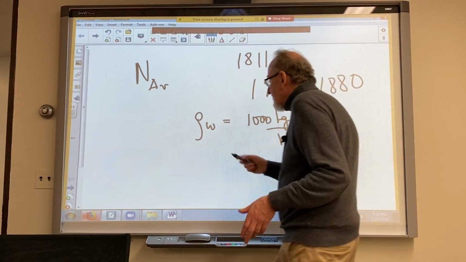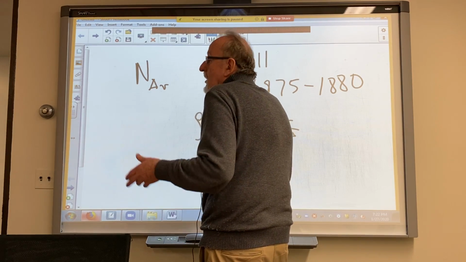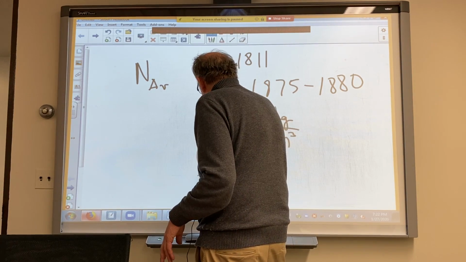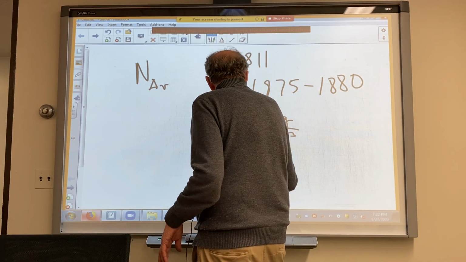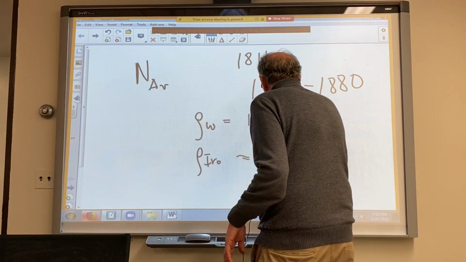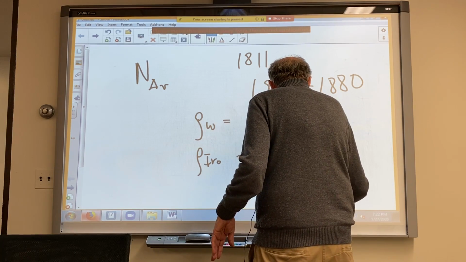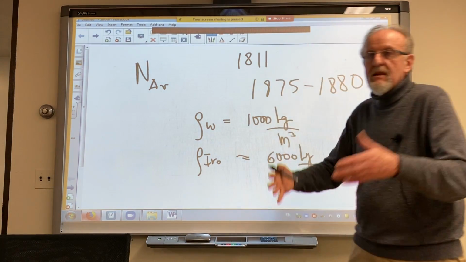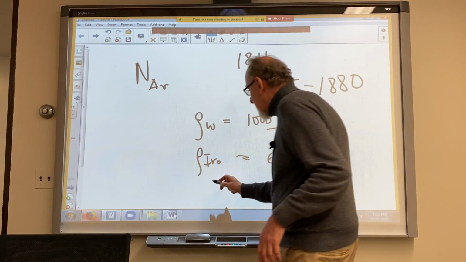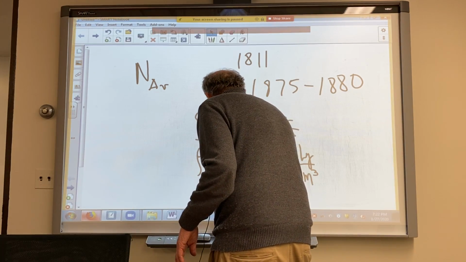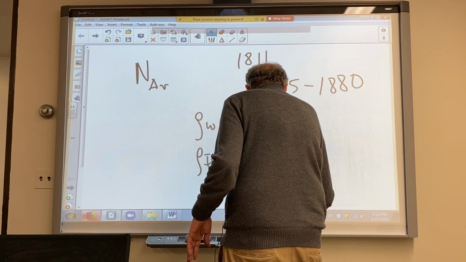And if you take a solid, the rho of, I don't know, iron will be 5-6 times bigger, 6,000 kilograms per cubic meter. But if on the contrary you take something very ethereal like air, the rho of air is around 1 kilogram per cubic meter.